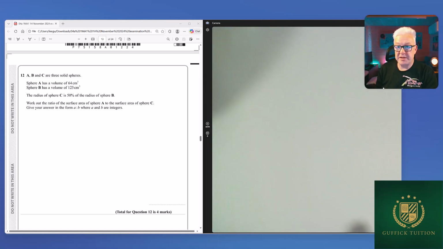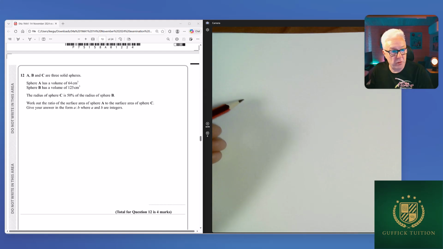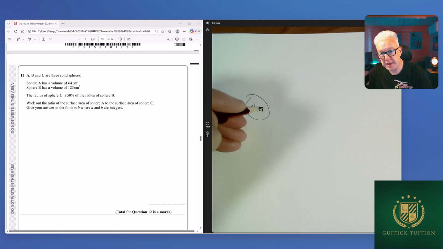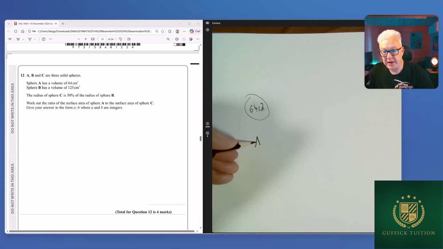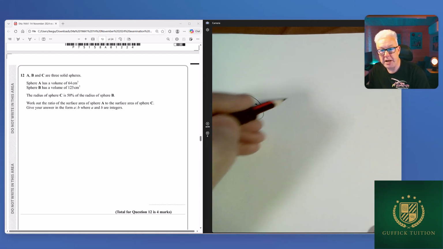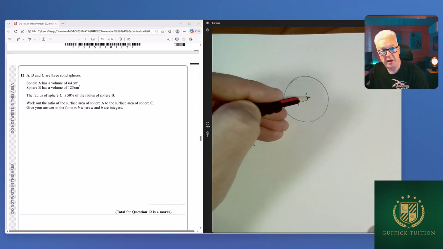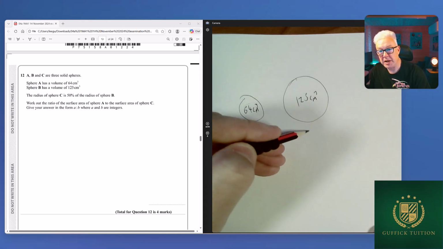So we've got 3 spheres. Okay, let's have a think. A has a volume of 64 centimeters cubed. So there is sphere A. Sphere B has a volume of 125, so it's bigger, 125 centimeters cubed.